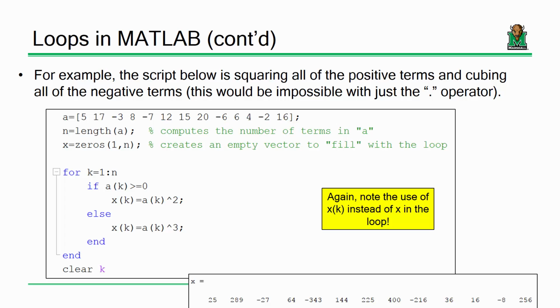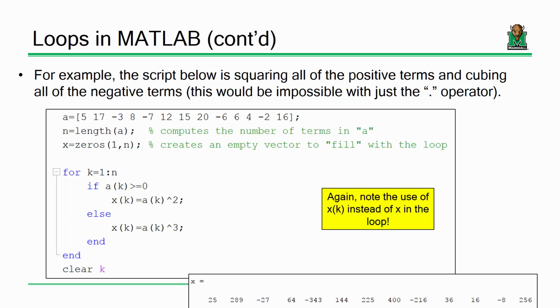So you'll notice that this modified script, what it's doing is it's saying, okay, we've got our input matrix A. We're creating our variable n based on how many terms there are in A. And then X is the empty matrix where all the answers are going to be stored. And so we create that empty matrix so that the answers can be put in them.